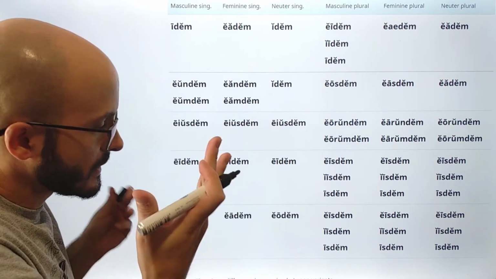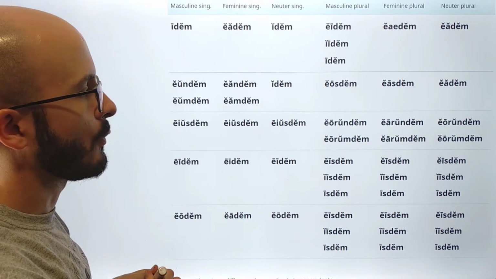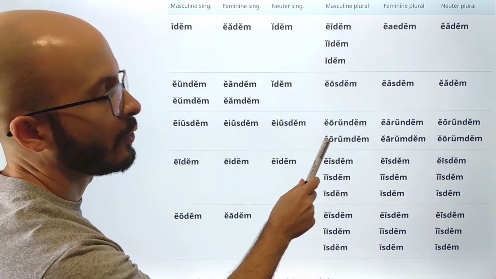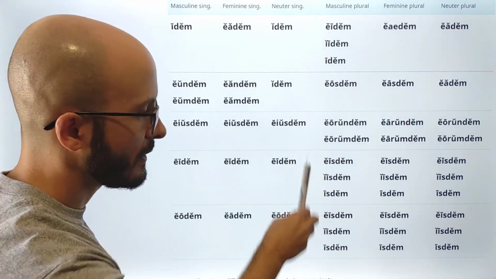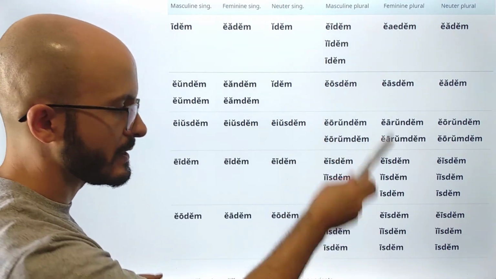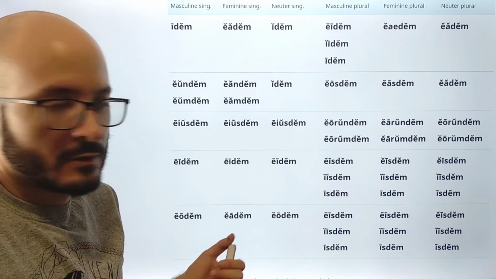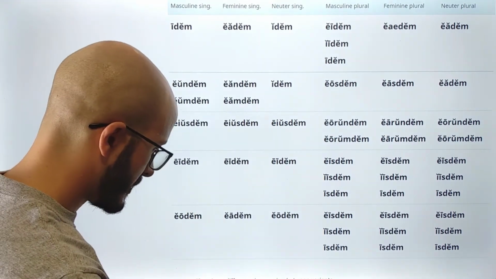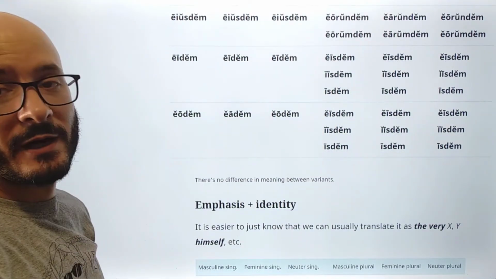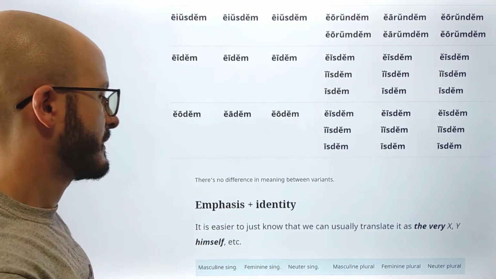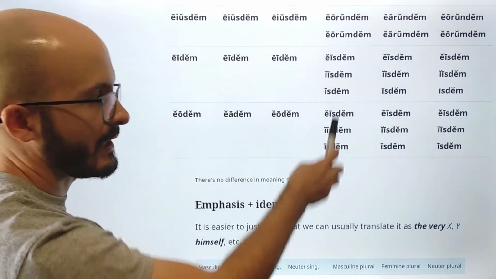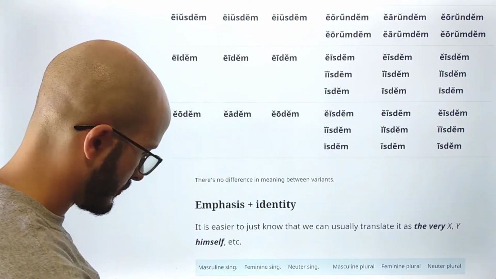No, it's long, just like an exception, somehow. Then eorundem or eorumdem with n or with m, and then of course here eisdem, eisdem, eisdem. That's it. Okay, there's really nothing more to say there. Of course, when I say there's nothing more, I mean just learning the table by heart. Okay, there is no difference in meaning between variants. So this is what I already said.